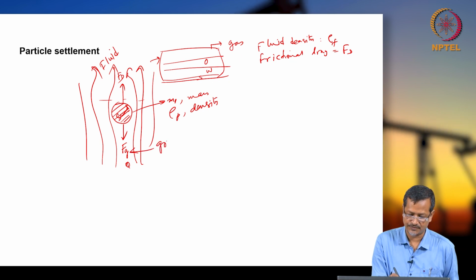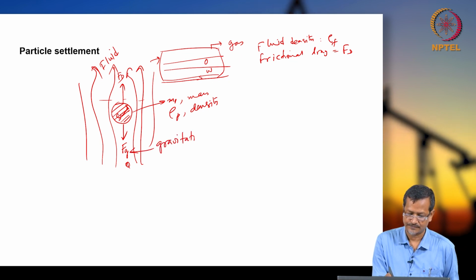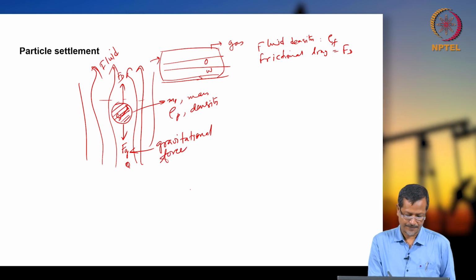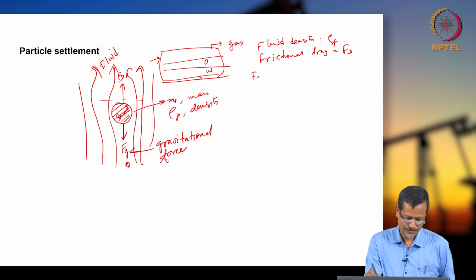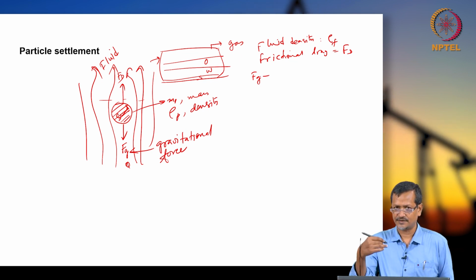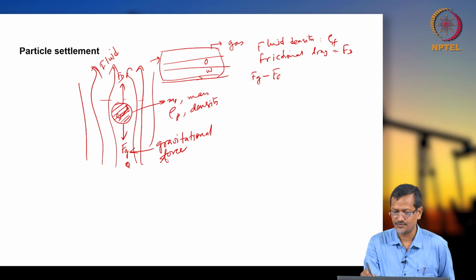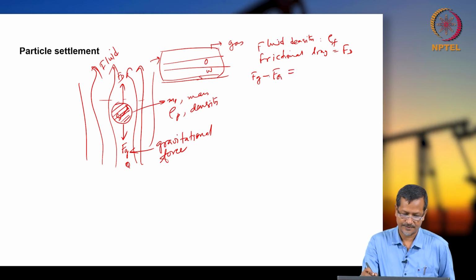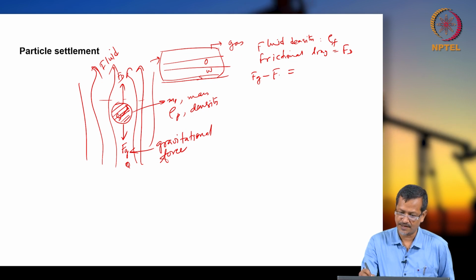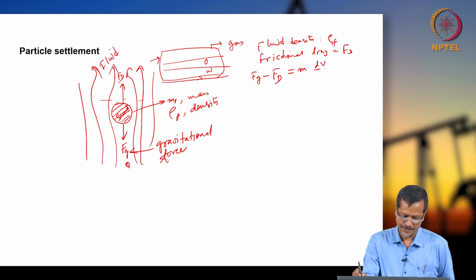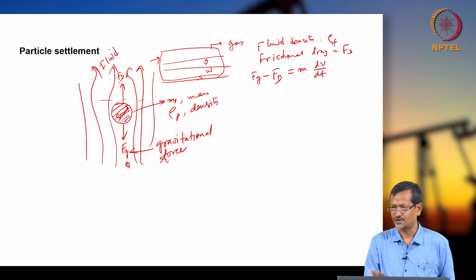The gravitational force opposes the drag force, right? So Fg minus Fd, I have written Fg in small letters and Fd in capital, equals m dv/dt, with acceleration due to gravity.